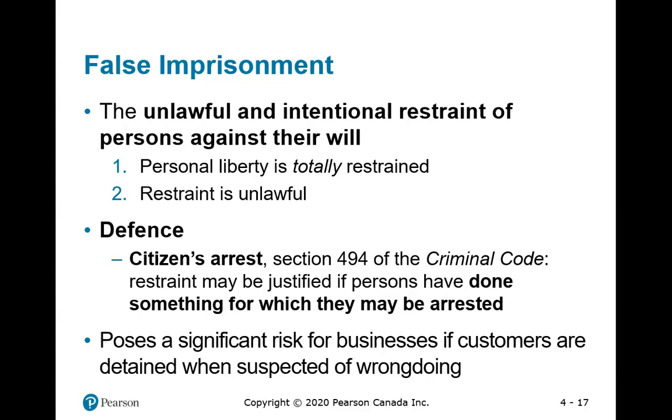And then after searching, if they don't find anything, the shopper is a victim of false imprisonment. Okay? So you should only stop and search someone if you are sure they have committed a criminal offense. If you are not sure, you should not stop.